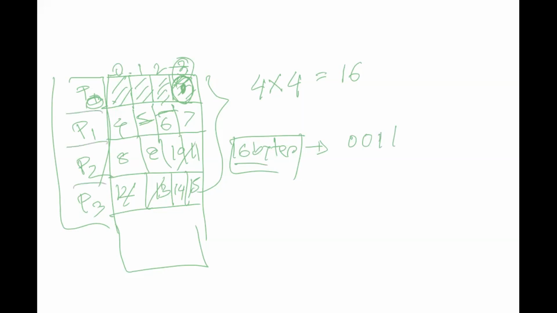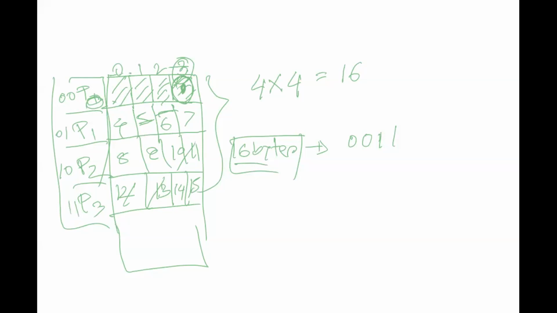How many bits are required? 2 bits are required for addressing 4 processes. So 00 is process 0, 01, 10, and 11 is process number 3.